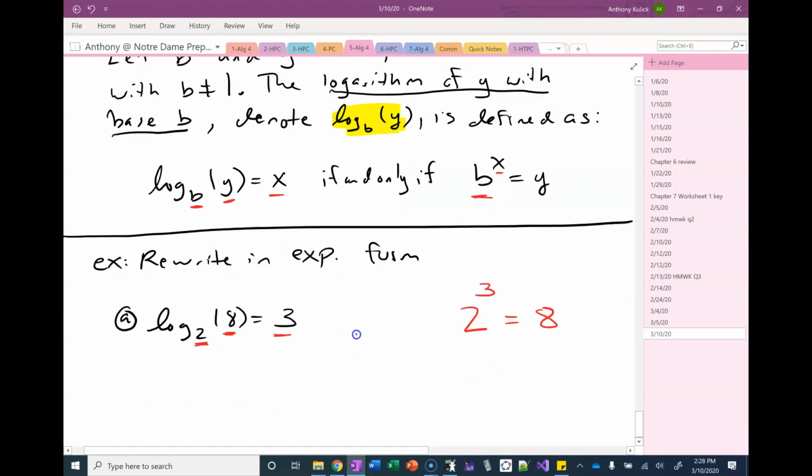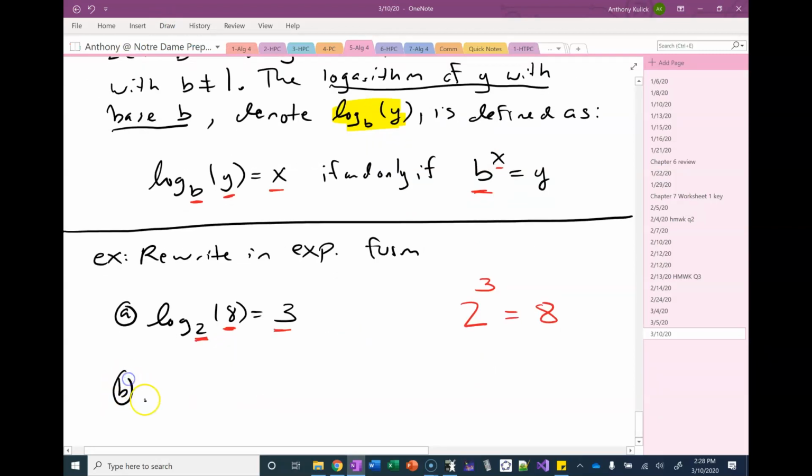Let's do another. Okay. So let's say we have log base 6 of 36 is equal to 2. What is the base of my exponential equation going to be here?